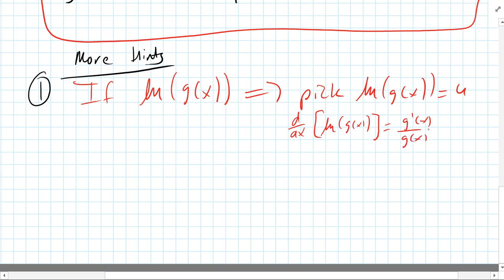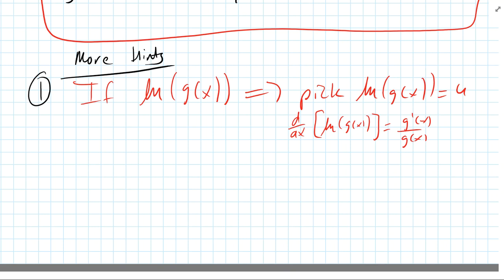If you have something of that form, is that going to be easy to integrate? Yeah. So that's always going to be your u. Every single time. Got it? And it's going to reappear. You'll see what I'm talking about.